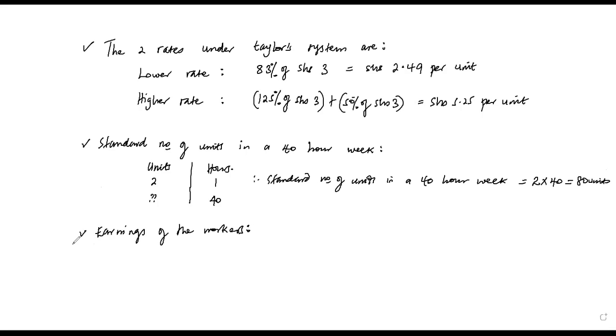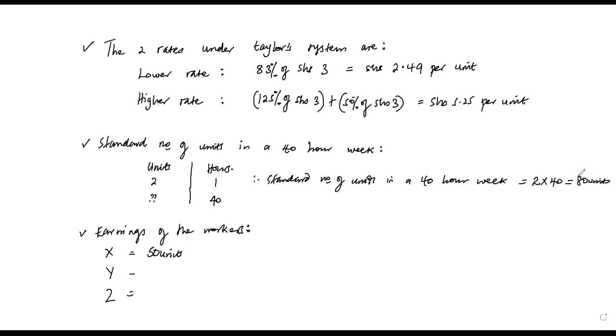Earnings of the workers. We have X, we have Y, then we also have Z. Remember, X produced 50 units. Now, if X is producing 50 units, yet our standard number of units in a 40-hour week is 80 units, but X is just producing 50 units in a 40-hour week, then X is inefficient.